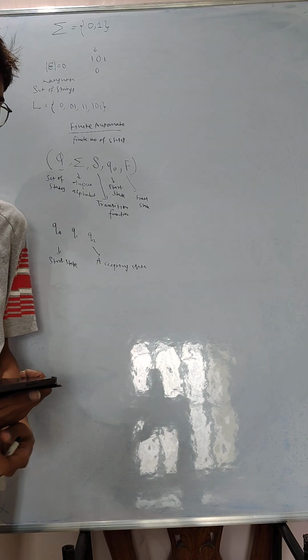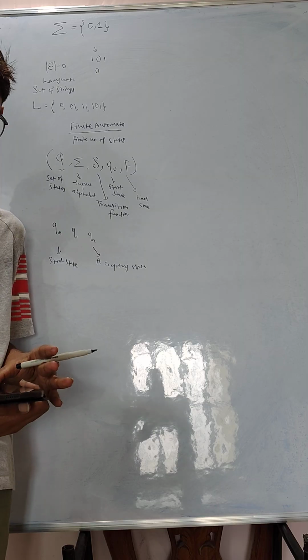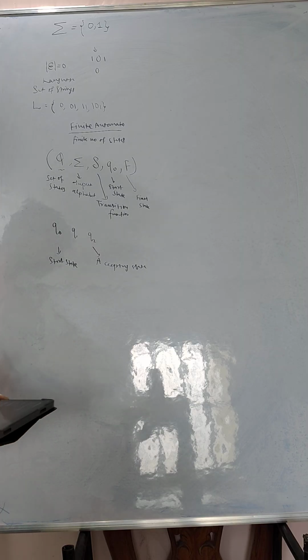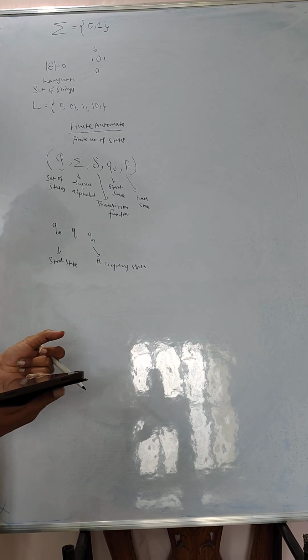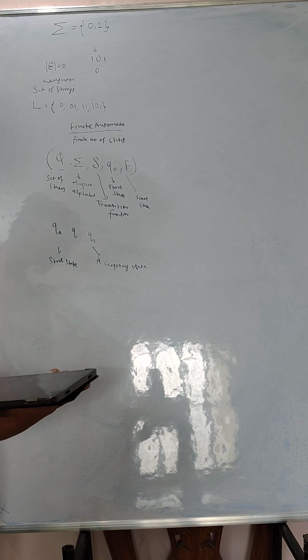Now, what is DFA? Deterministic finite automata. It means for every state and every input symbol, there is exactly one next state.